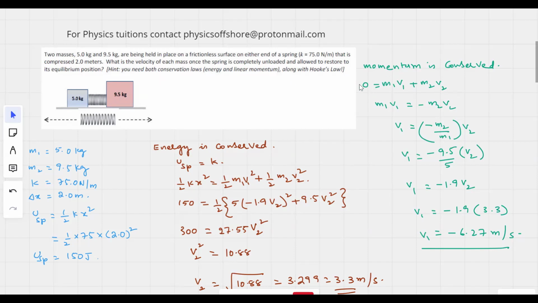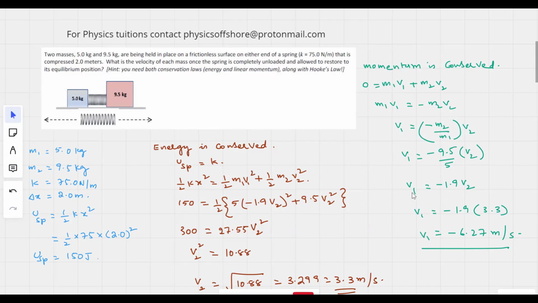Therefore, initial momentum is equal to 0, and the final momentum of each block is m1 v1 and m2 v2. Therefore, initial momentum is equal to final momentum. Initial momentum is 0, and final momentum is m1 v1 plus m2 v2. From this, we can make out m1 v1 is equal to negative m2 v2, and then solving for v1, we will get v1 is equal to negative 1.9 v2.